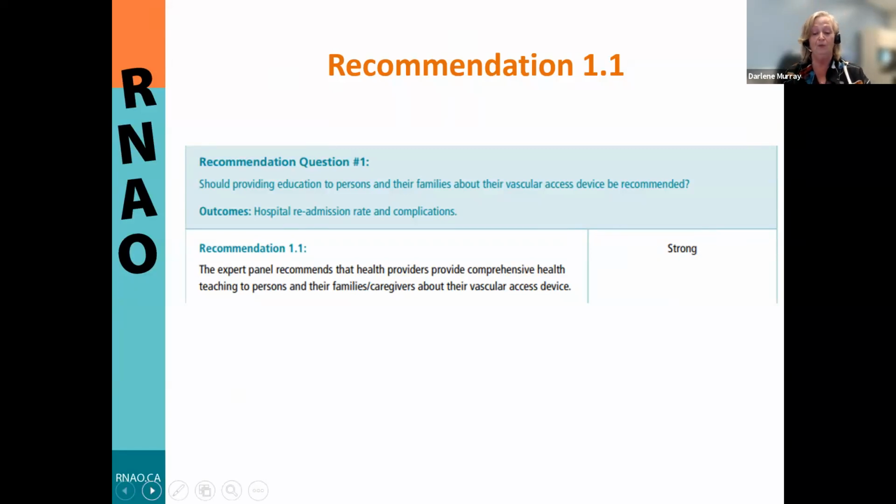At a minimum, the teaching should include signs and symptoms of complications. This should also include details about where, how, and with whom to follow up and seek assistance if complications arise when discharged home with a vascular access device.